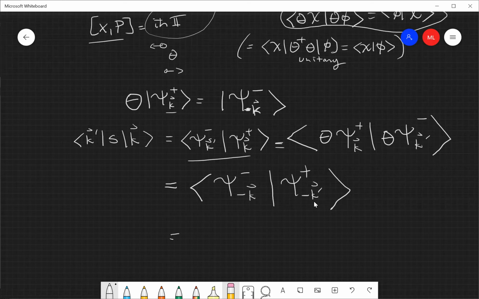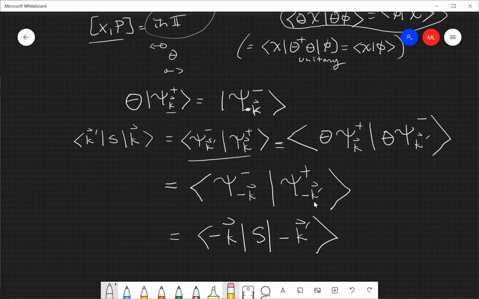So this is equal to minus K S minus K prime. So we've derived, using time reversal, a symmetry property of the S matrix. You see the matrix elements are related to each other like this.